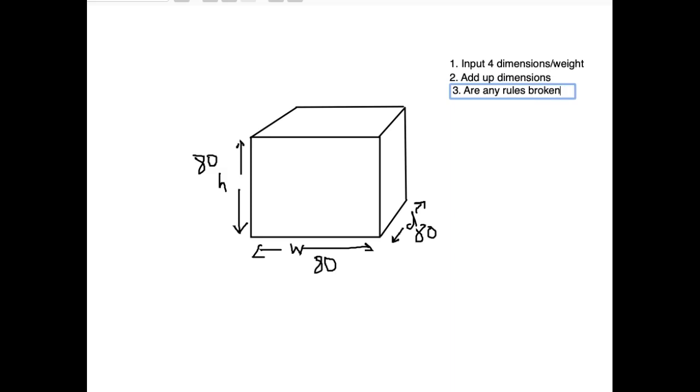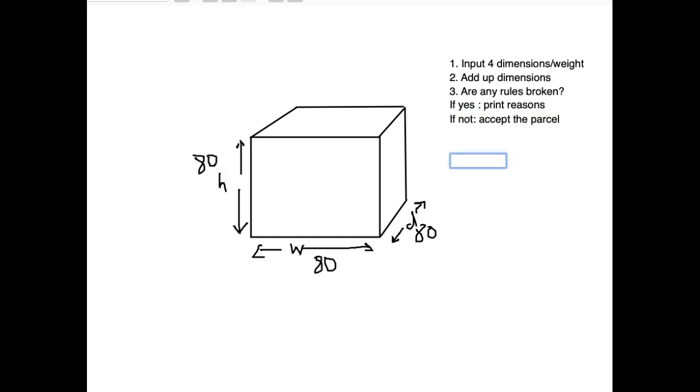And if they are, then we need to print out. If not, accept the parcel. Okay, so nice, simple, just sort of checking the data, and those are our basic steps.